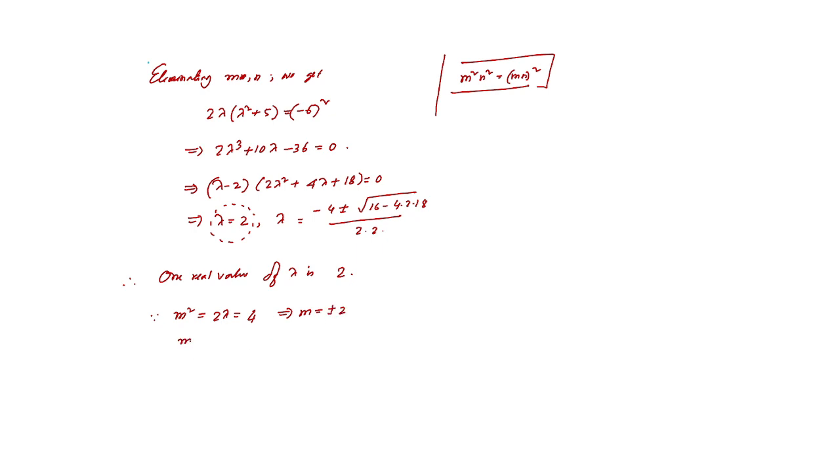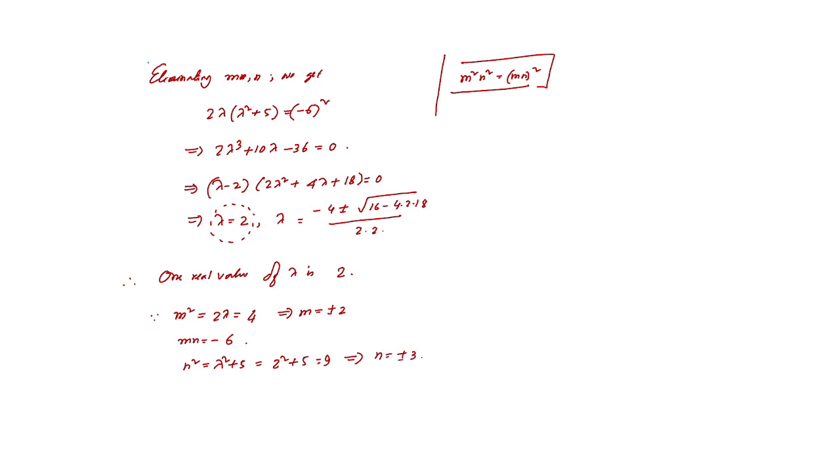Again we have mn equals to minus 6 and n square equals to lambda square plus 5. So 2 square plus 5, that will be 9, and that implies n equals to plus minus 3.